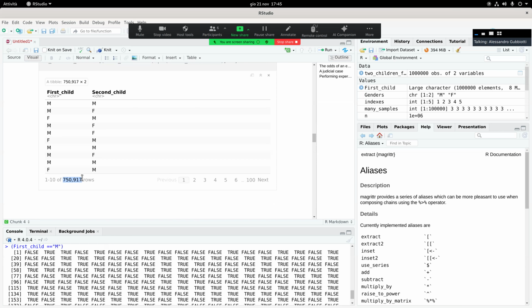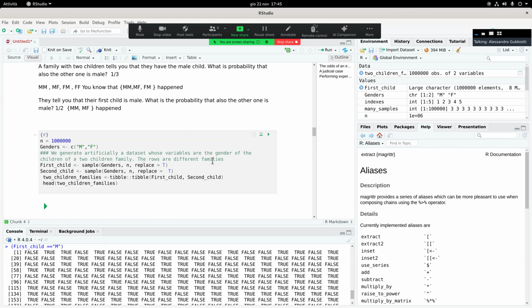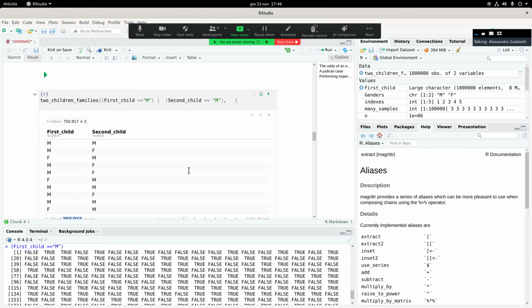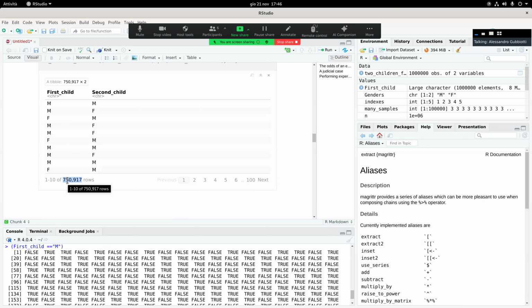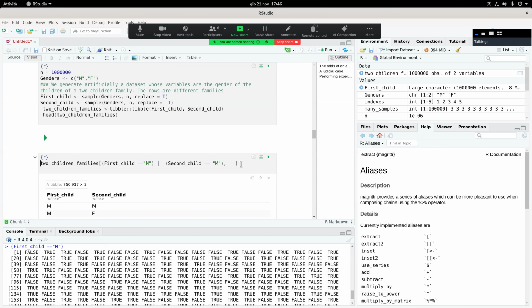Well, let's check that this result makes sense. There are 750,000 rows, more or less. Let's filter further. These are families with one male.